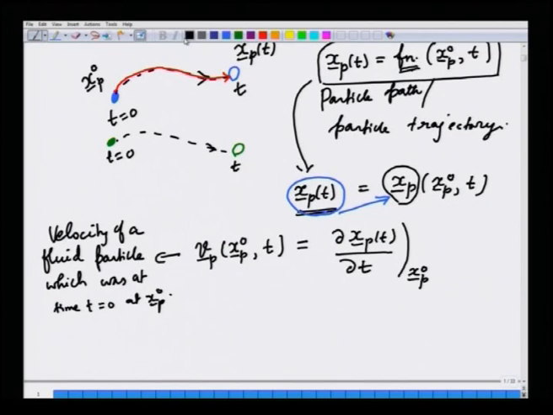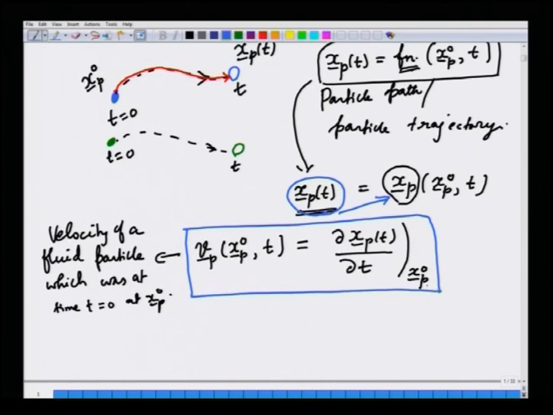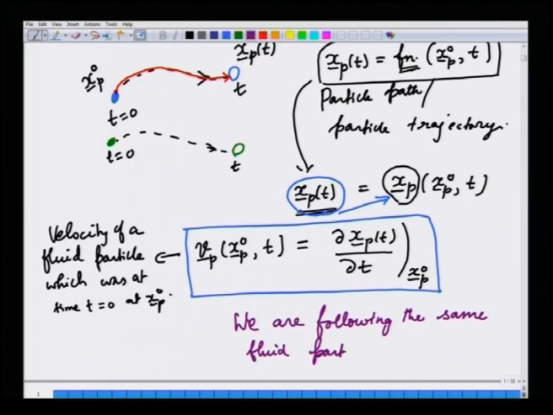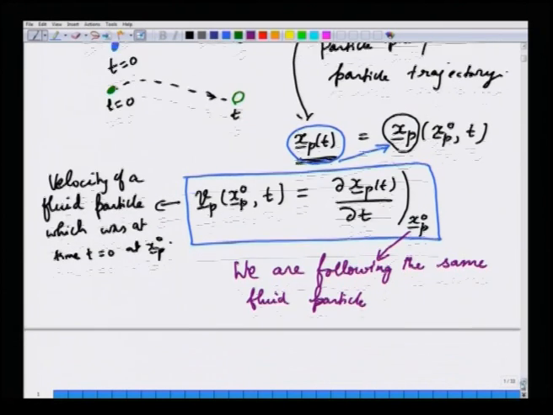What is being kept constant in this time differentiation is very important: the initial position of this particle, or the particle label. In other words, we are following the same fluid particle. That is the meaning of keeping x p naught constant.